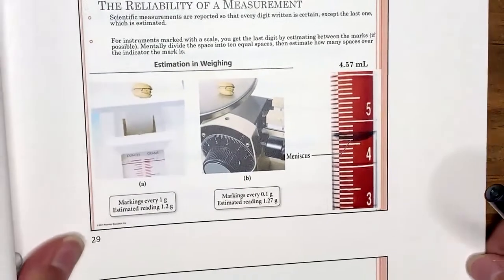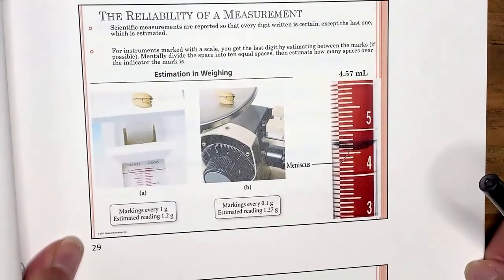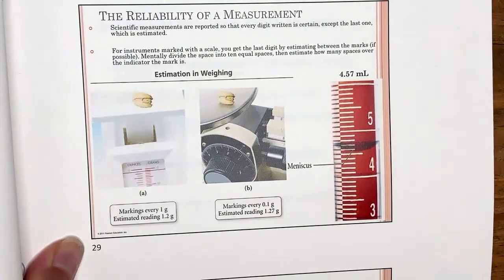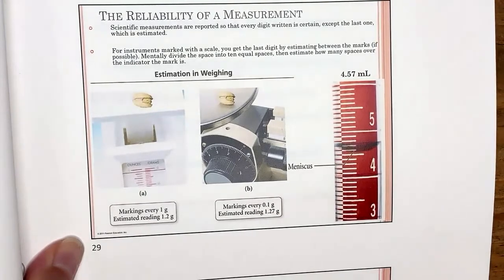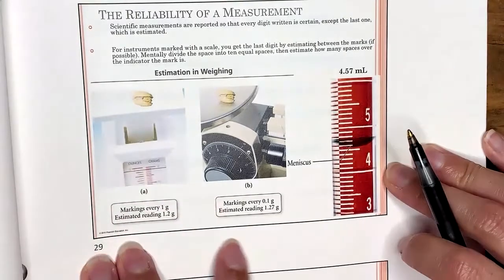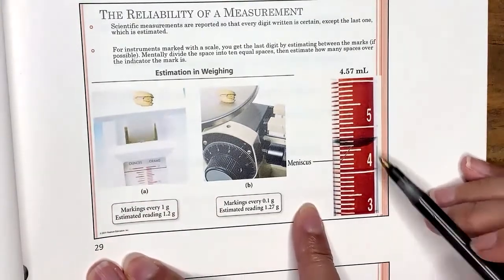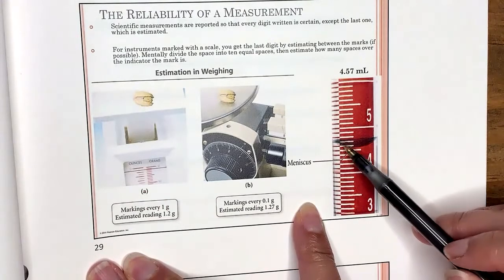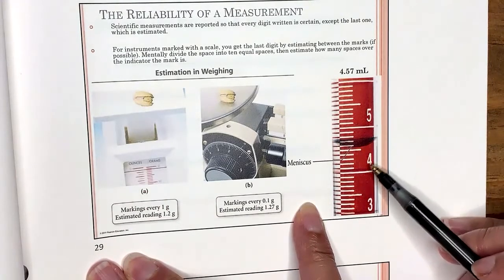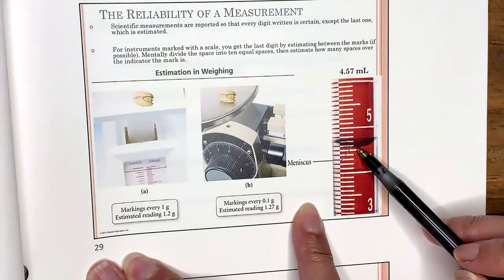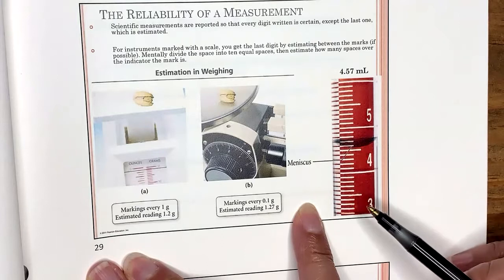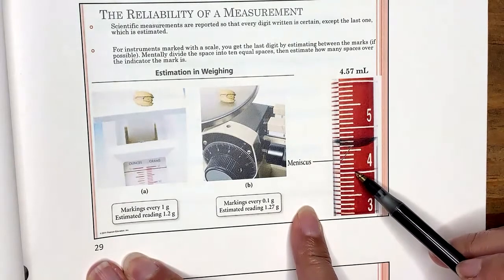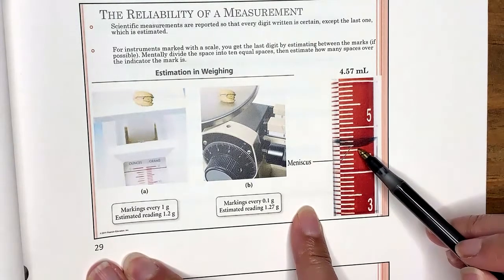So when we want to read things, we always read to the point where you can, and then we guesstimate the last number, okay? For example, if you're reading a graduated cylinder, you're filling it up and we want to read the lower meniscus right here. We know the lower meniscus is somewhere between these two lines. So this is 3.5, 4, that's 4.5, that's 5.